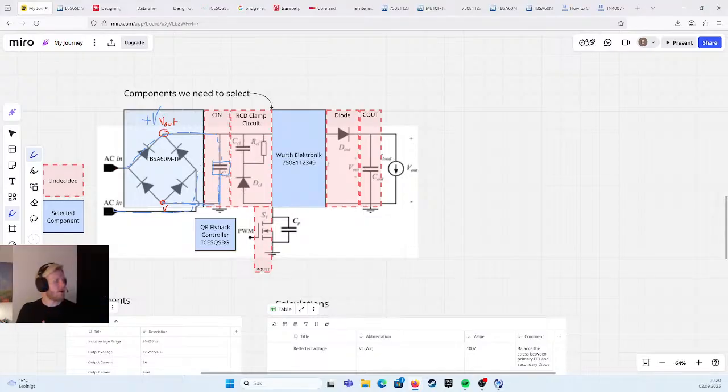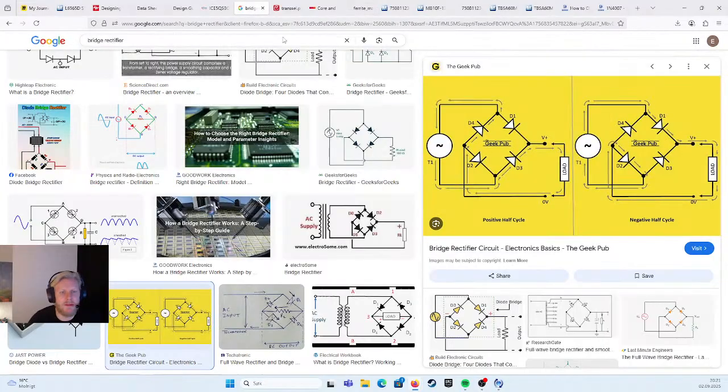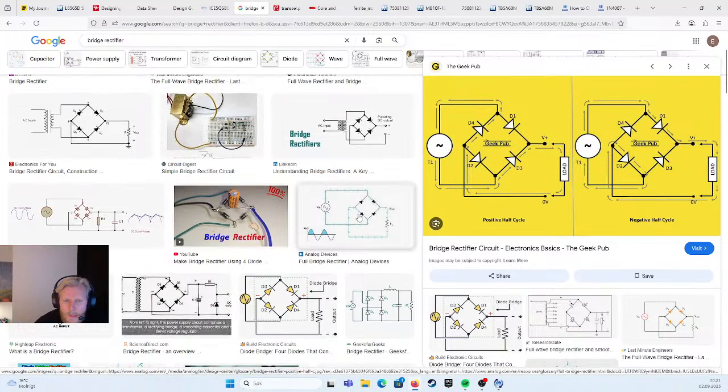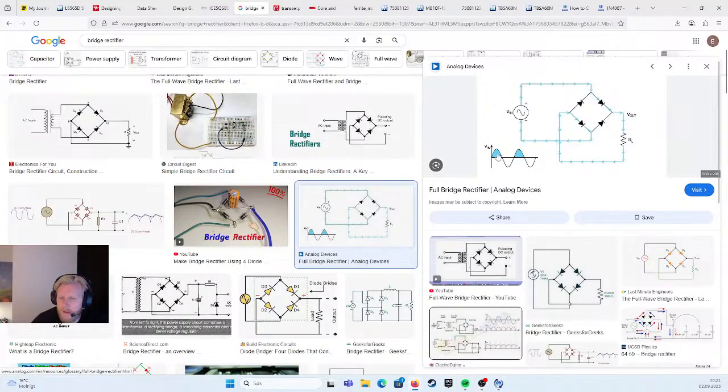Damn. Why am I not getting this? I need to look at this image again. Yeah, so the positive cycle V in is then 265, say.